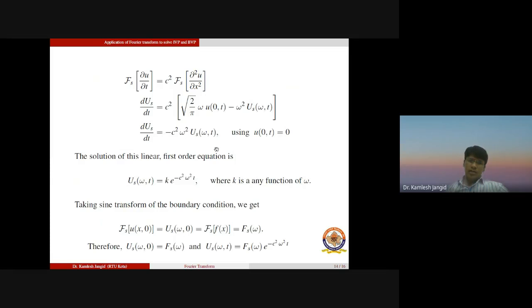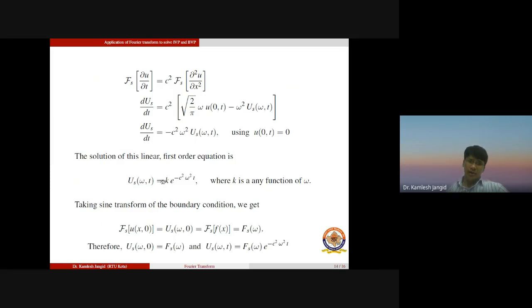This is a linear differential equation, and its solution is given by u_s(ω, t) = k e^(−c²ω²t), where k is any function of ω.